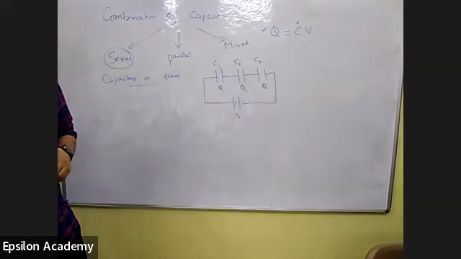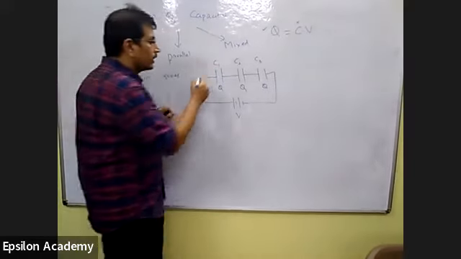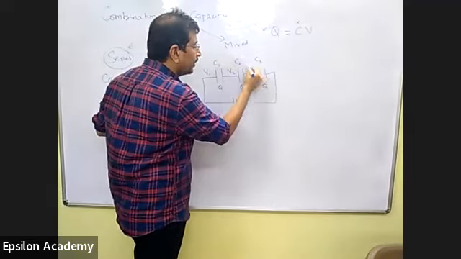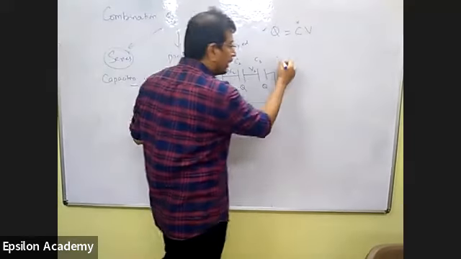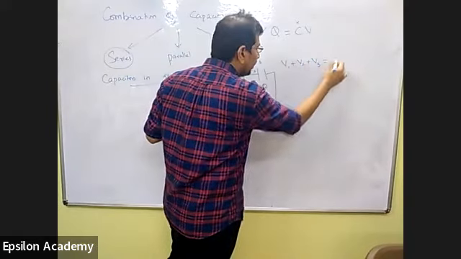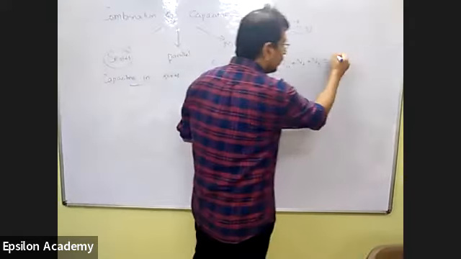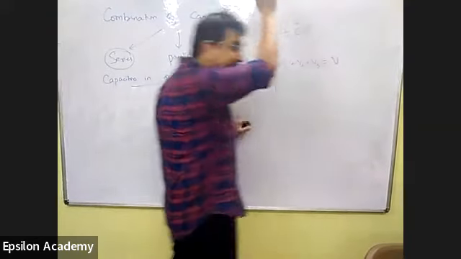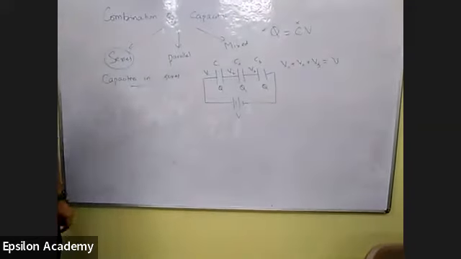But what will get divided? Voltage. So if I say the potential difference is V1, here V2 and here V3, then V1 plus V2 plus V3 will always be equal to the total potential that we have supplied. That is V itself. Are you able to understand?